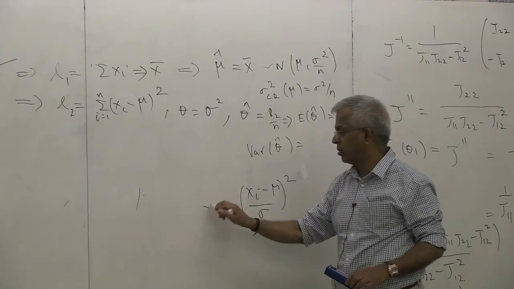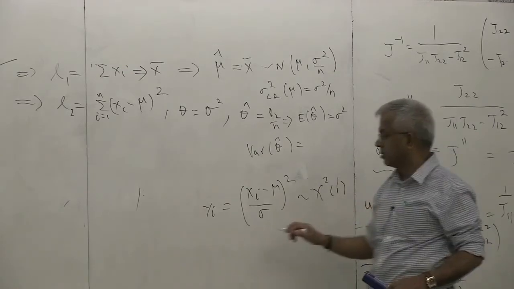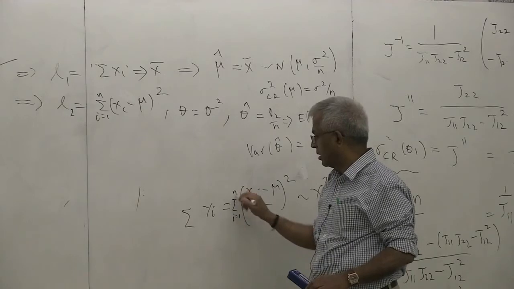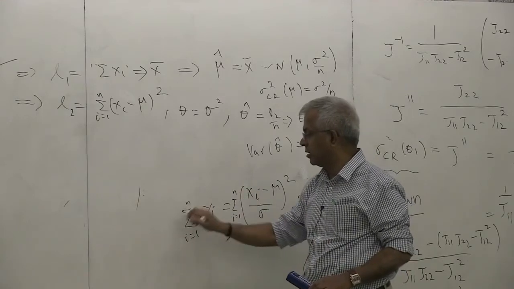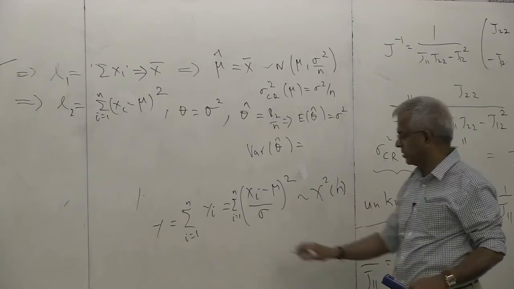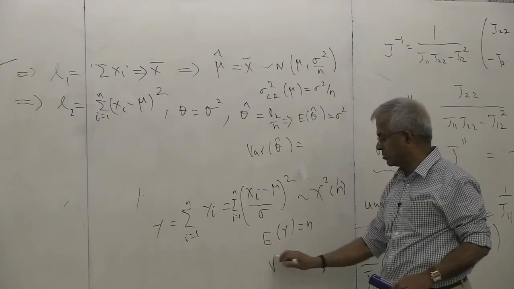If I define this to be yi, this is chi-squared with 1 degree of freedom. So if I add this up, that's chi-squared with n degrees of freedom, if I call this y. The expected value of y is n, and the variance of y is what?